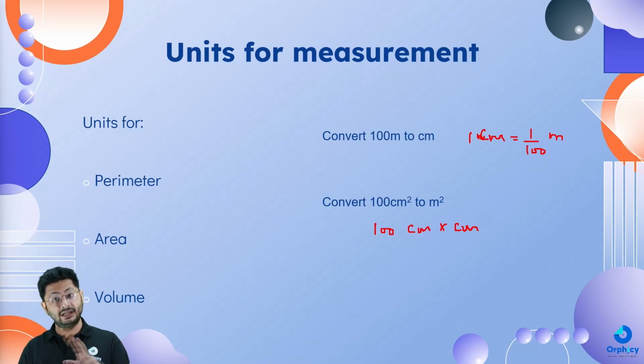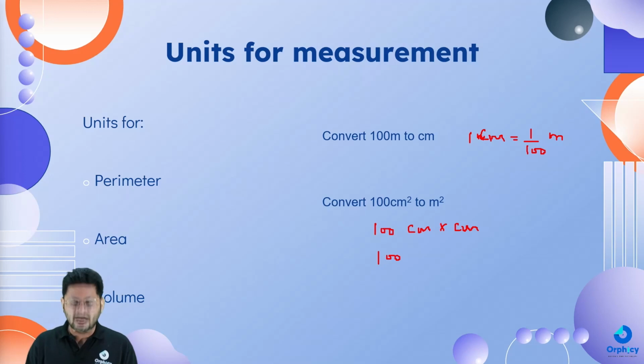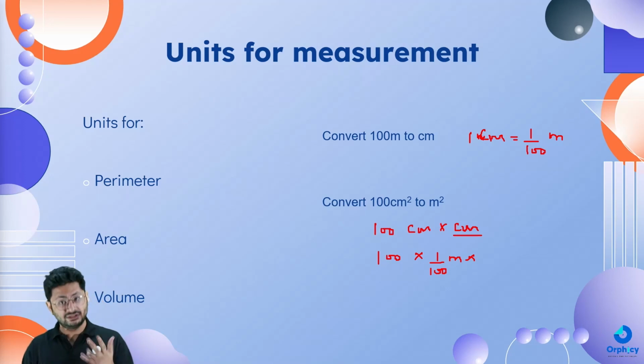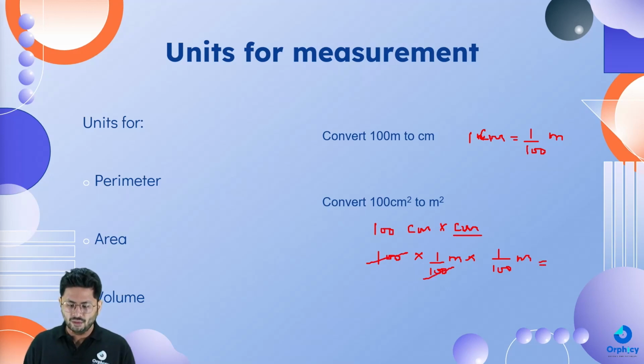Right? So I can write one centimeter as 1 by 100 meters, and the second centimeter also as 1 by 100 meters. Now 100 cancels out and it will be equal to 1 by 100 meter square.